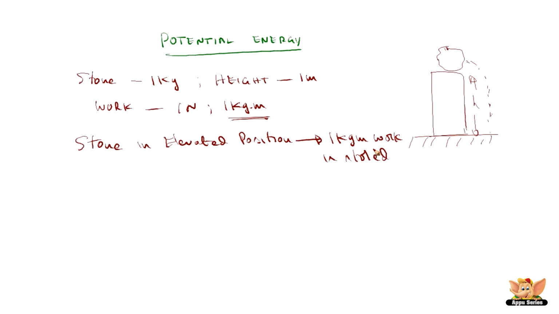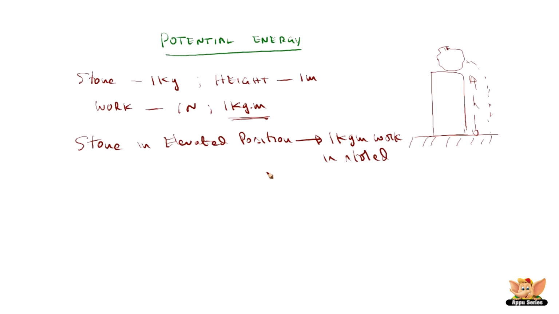In other words, the stone has the potentiality of doing this amount of work. So the stone has a stored energy, with the potentiality of getting released, which is called its gravitational potential energy.